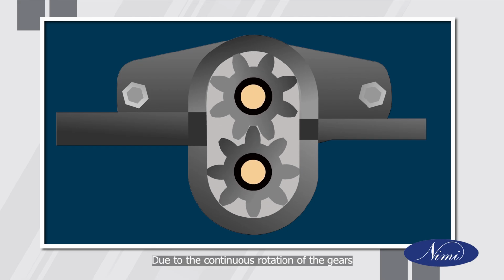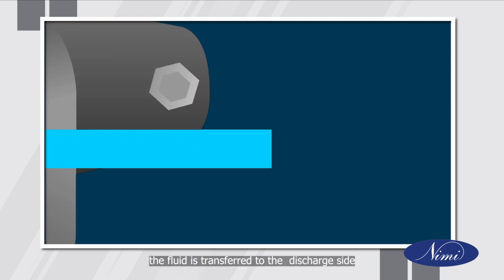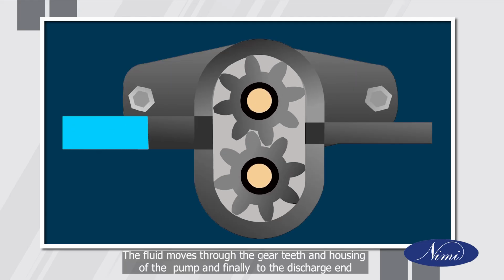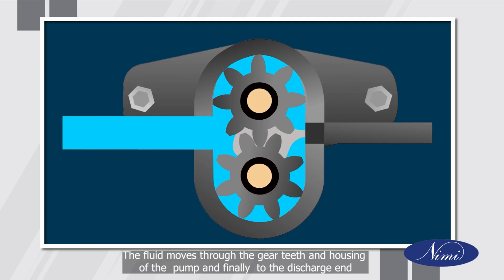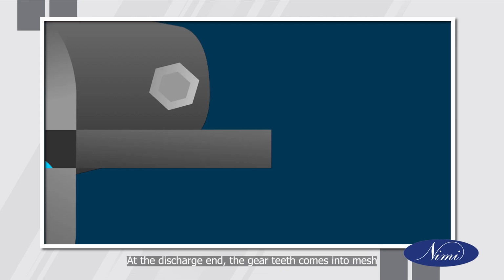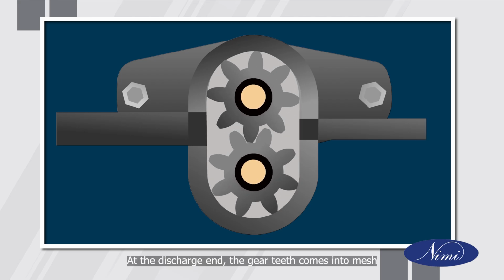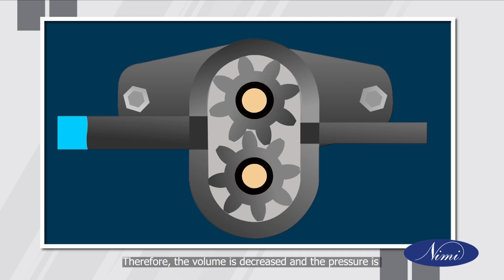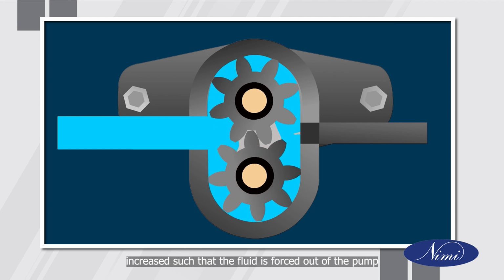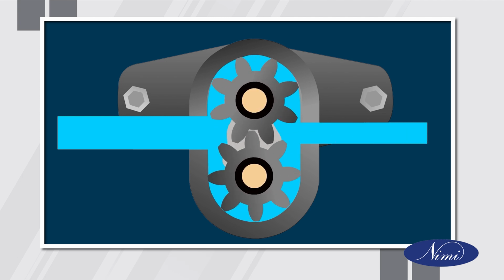Due to the continuous rotation of the gears, the fluid is transferred to the discharge side. The fluid moves through the gear teeth and housing of the pump and finally to the discharge end. At the discharge end, the gear teeth come into mesh. Therefore, the volume is decreased and the pressure is increased such that the fluid is forced out of the pump.